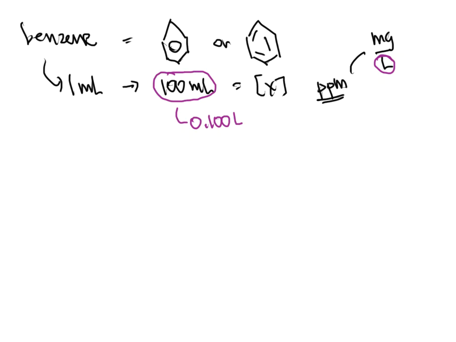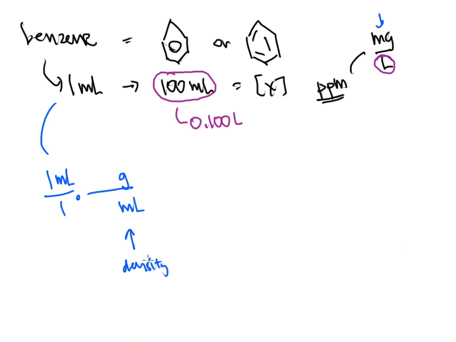Well, what about the 1 milliliter here? If I've got 1 milliliter of benzene, it looks like I need to know the milligrams of benzene. So I can do this: 1 milliliter, milliliter on top, milliliter on the bottom, and then go to grams of benzene. This requires grams per mL, which is also called density.